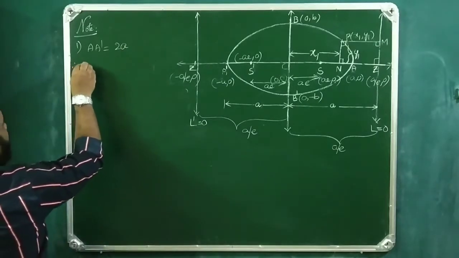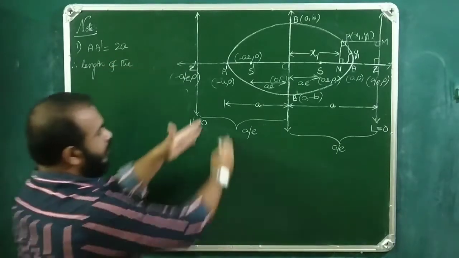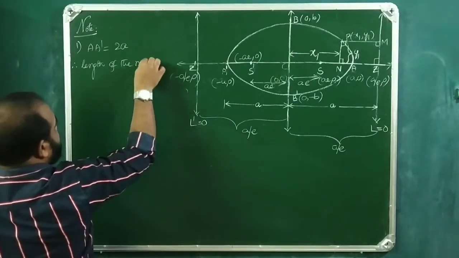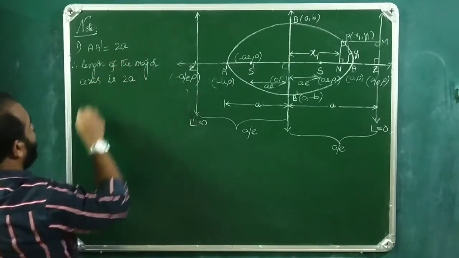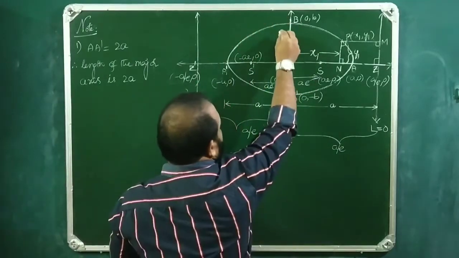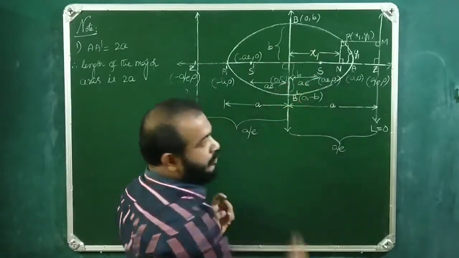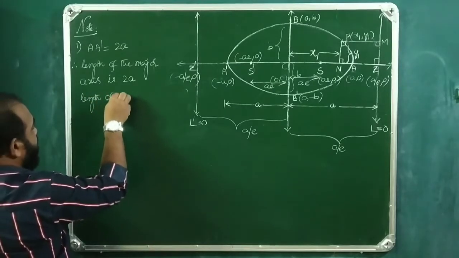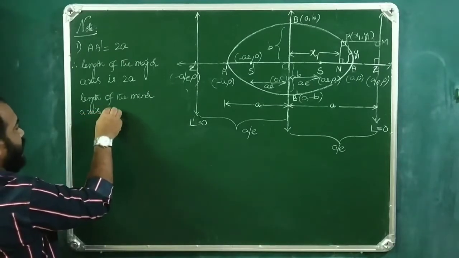Therefore, the length of the major axis is 2A, and BB dash, this is B and this is also B. B plus B is 2B. The length of the minor axis is 2B.